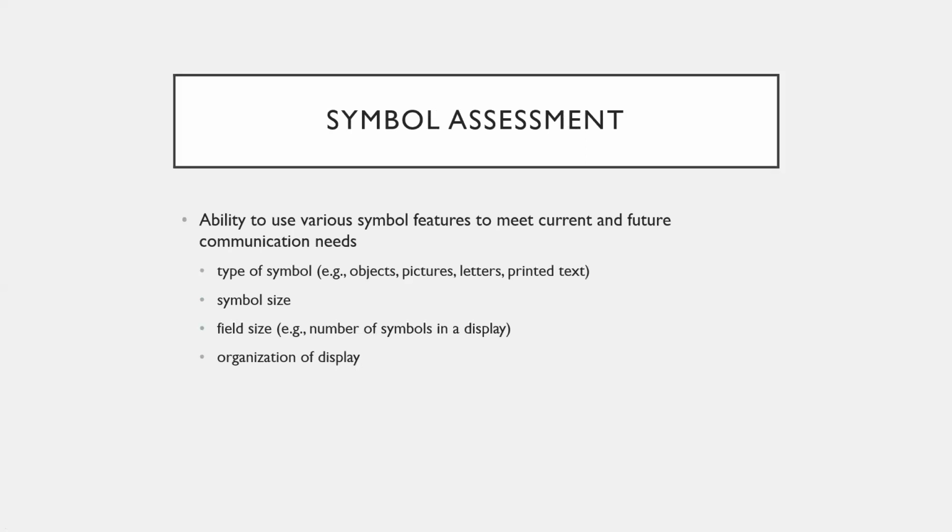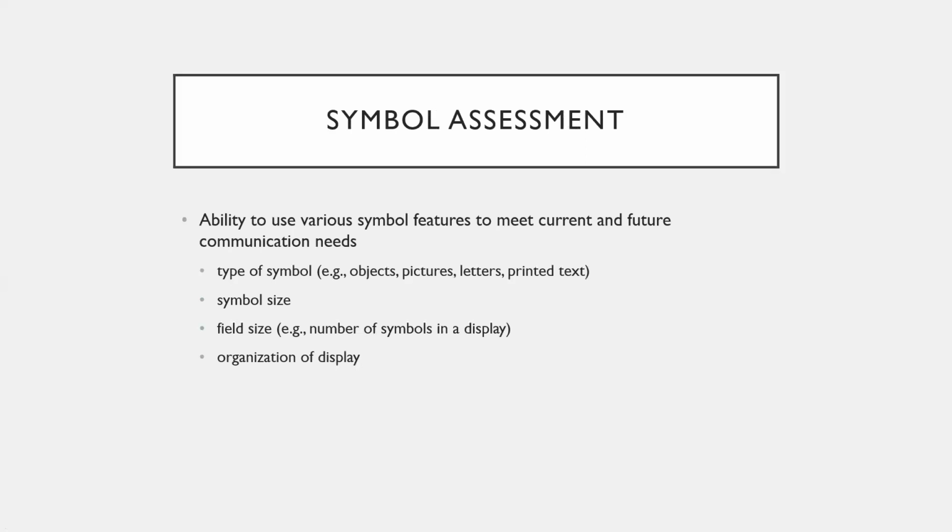How does a person do with just letters versus printed text? Symbol size is important as well. You can enlarge symbols. You can make them much smaller. With field size, we're looking to see, is a client able to make a choice out of 8 symbols, or do they need much less? So the number of symbols in a display is important to kind of assess someone's skills. And of course, organization.